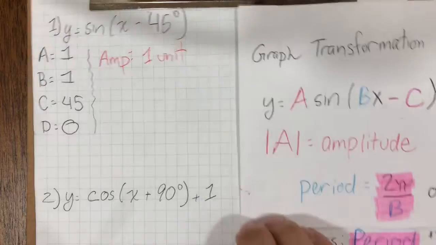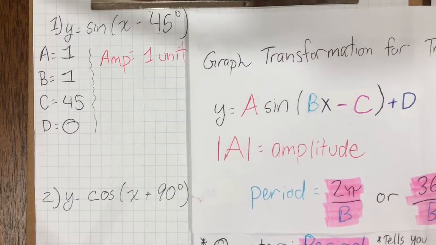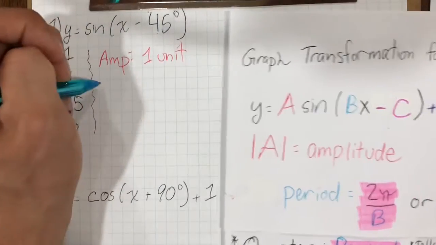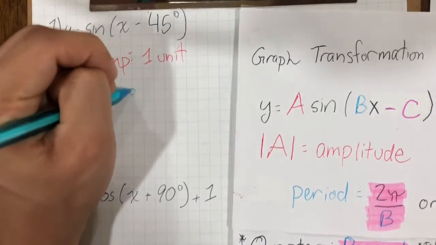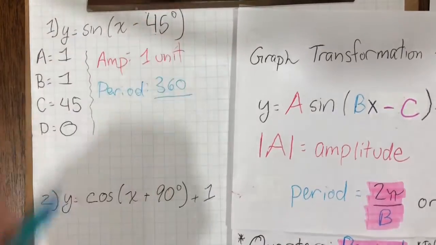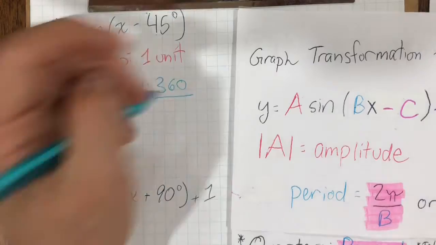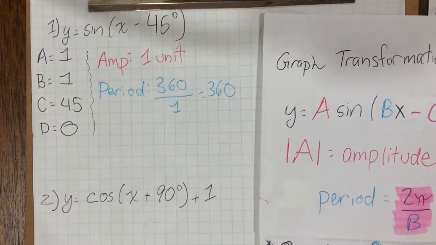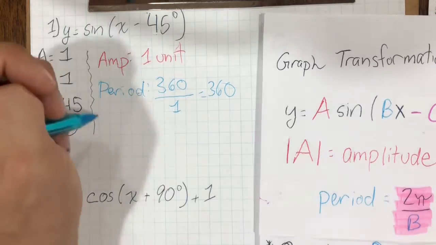All right. And then we have the period, where we take 360 degrees and divide it by whatever number B is. So for the period, I take 360 degrees and divide that by 1, and I still end up with 360 degrees. Perfect. All right, and then we have the quarters.